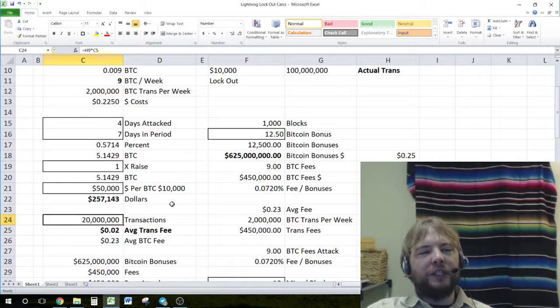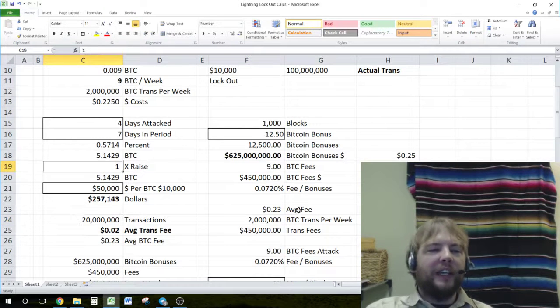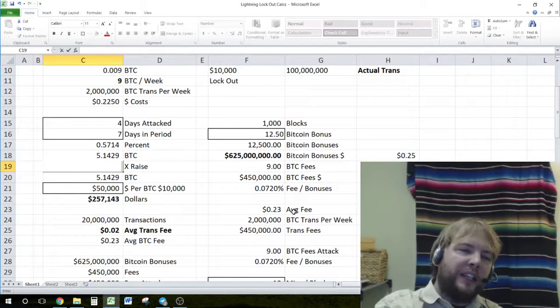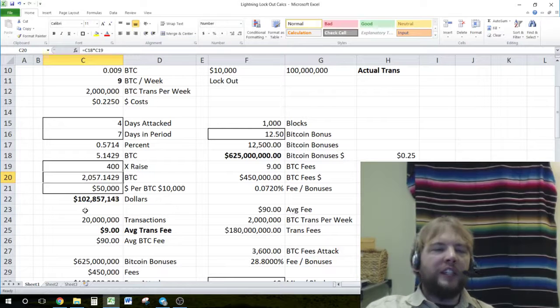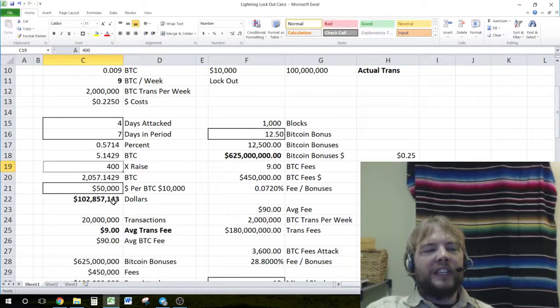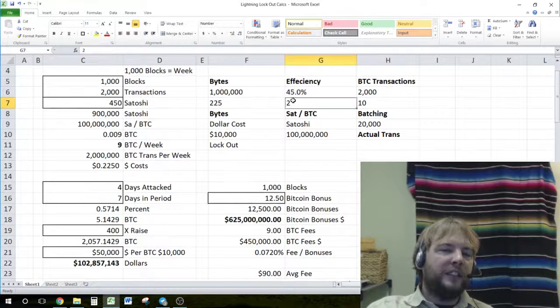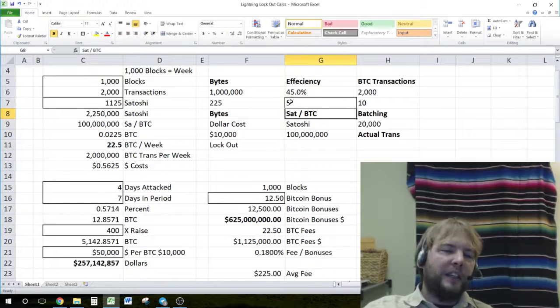Okay. Now the other issue that I haven't talked about yet is terrorizing the Bitcoin network. So previously, to do 400 times transaction fee terrorism, it would cost you 50 million, but now it costs you $100 million to do a 400x increase.